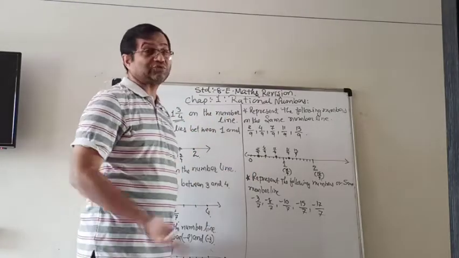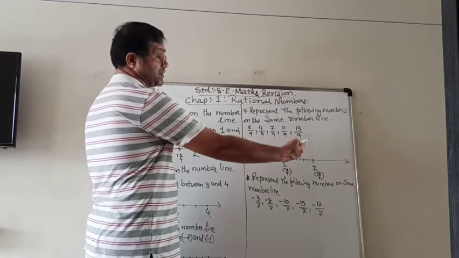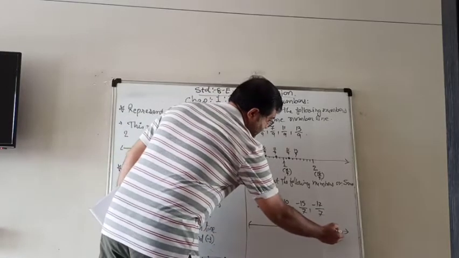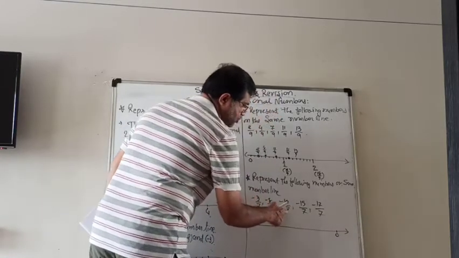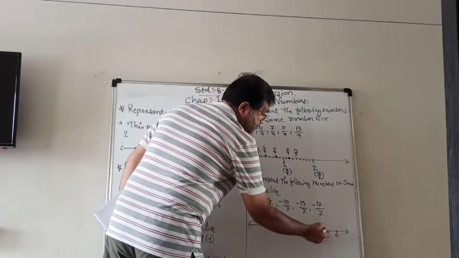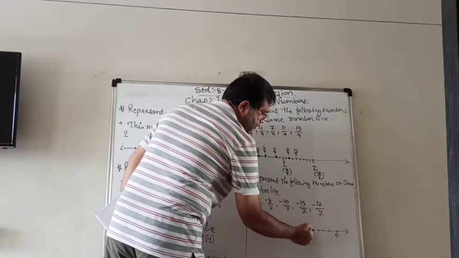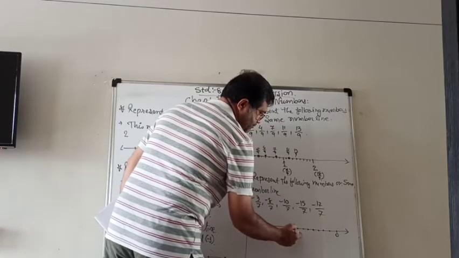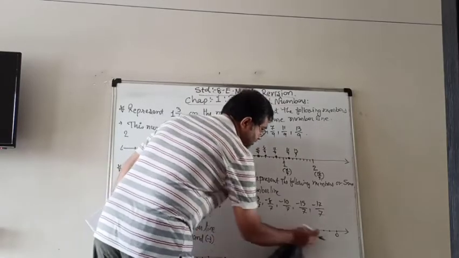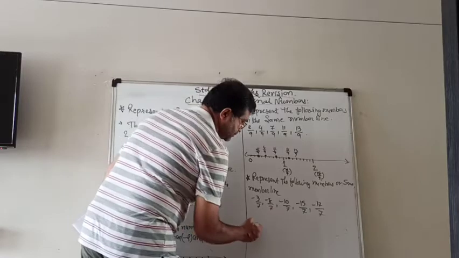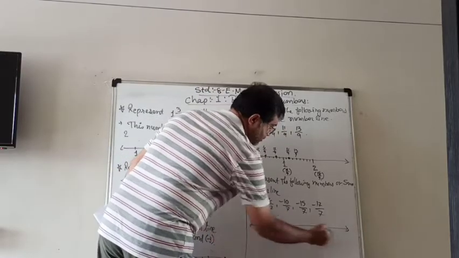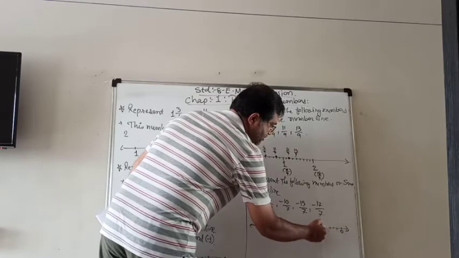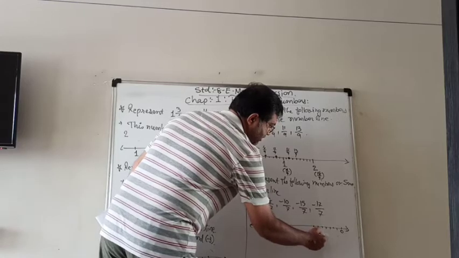So here they are negative numbers, so we have to start 0 from the right side and come this way. So we will take 0 here. How many parts do we have to make? 7. So 1, 2, 3, 4, 5, 6, 7, minus 1. I think we will need more space, so rather take smaller parts. 0, 1, 2, 3, 4, 5, 6, and at 7 you put -1.